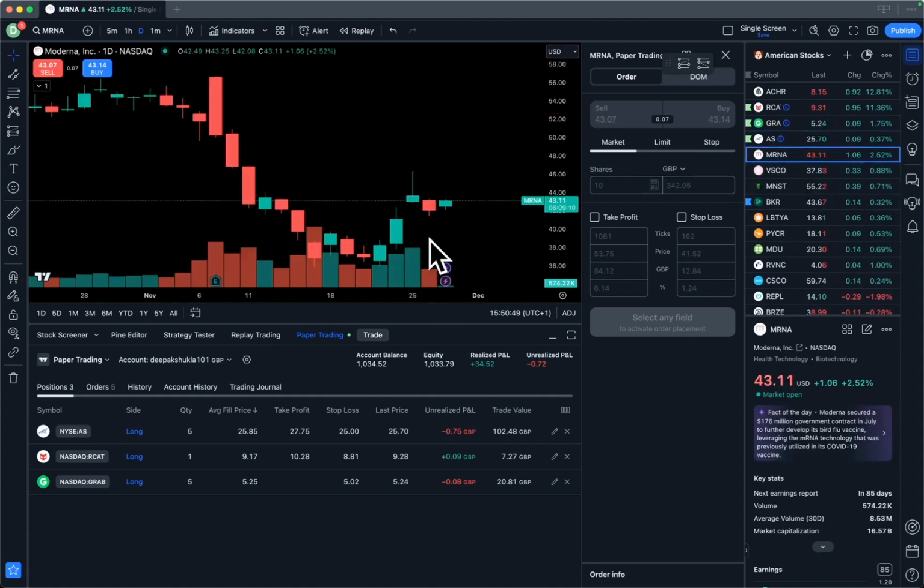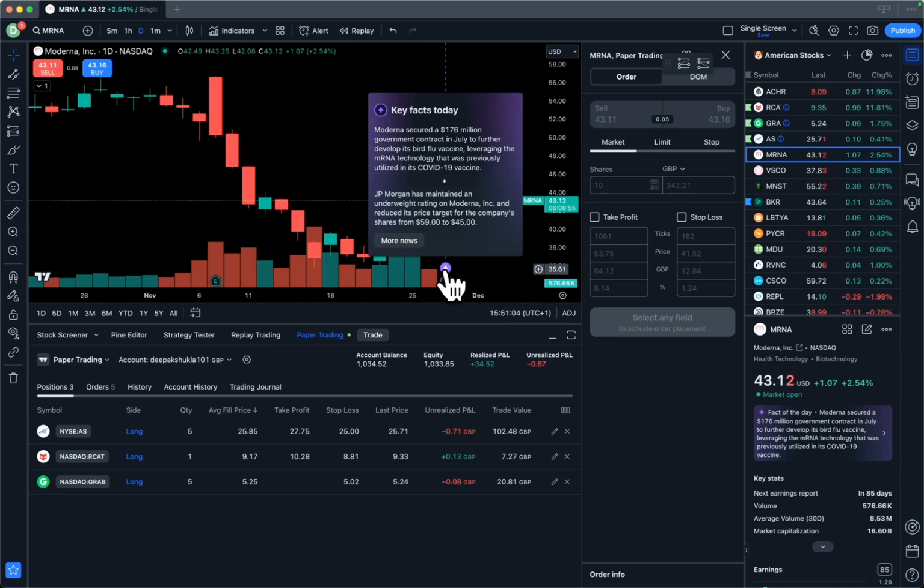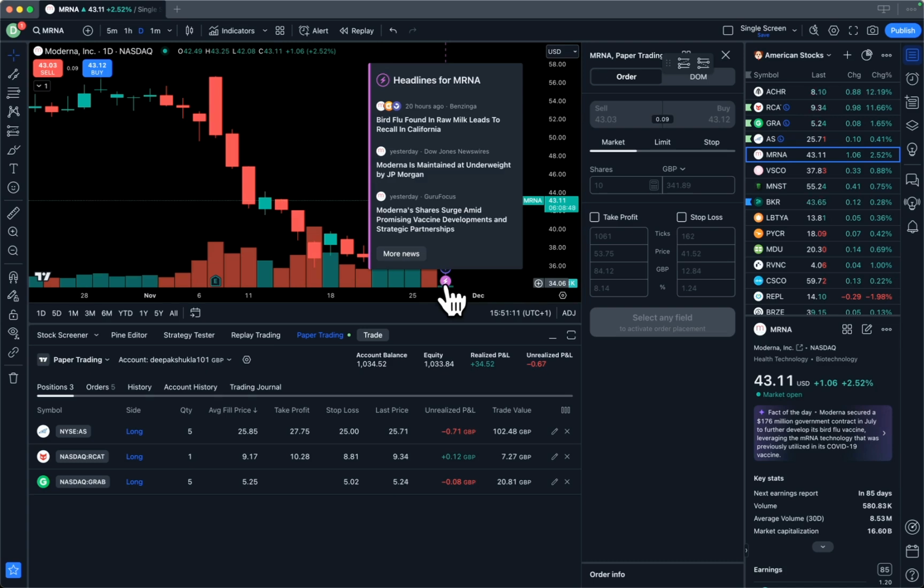Let's look at mRNA. So this looks like it could be coming up from a bottom bounce. Yeah, I think that could be a bottom bounce, to be honest with you. Shares surge.